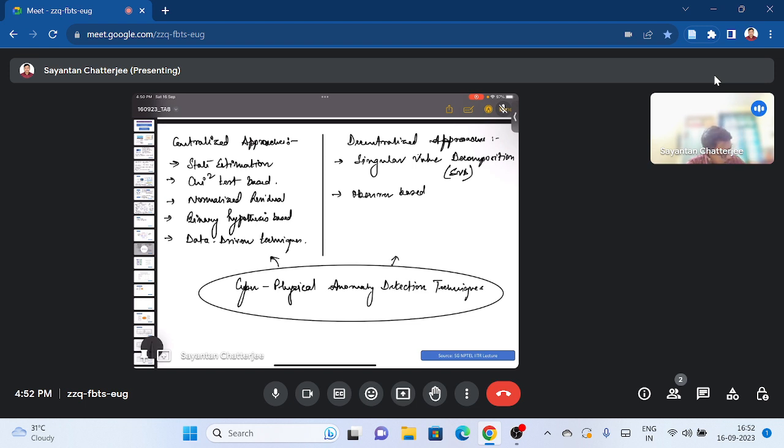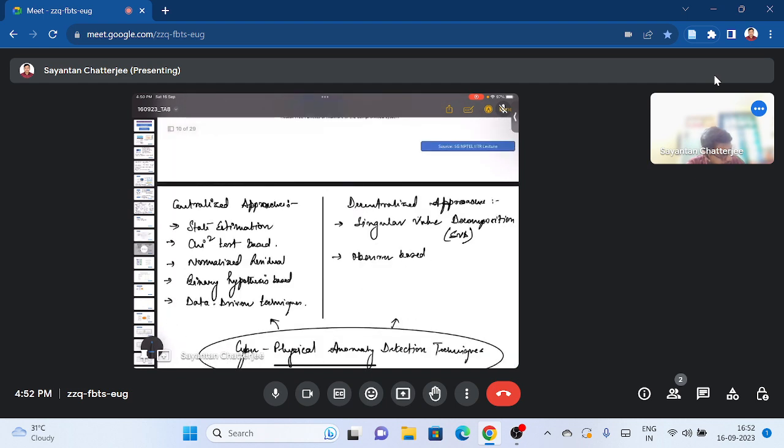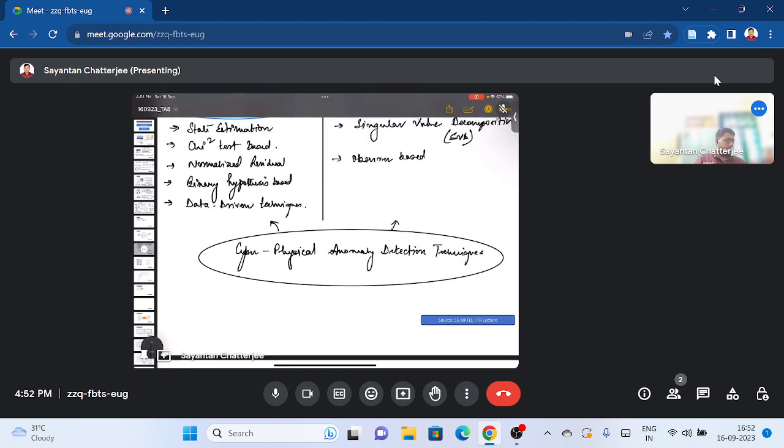So first one is a centralized scheme, another is a decentralized scheme. These are the centralized approaches, and this is the decentralized approaches. That's it for the cyber physical information.